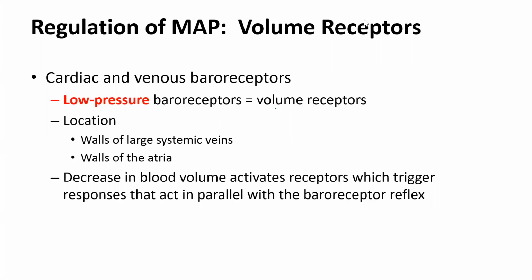All right. So here we're looking at baroreceptors that are on our veins at this point. So these are more the venous baroreceptors. And these are really described as being low pressure receptors, or sometimes volume receptors.